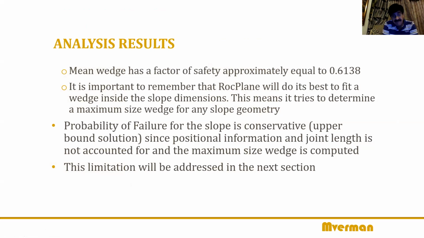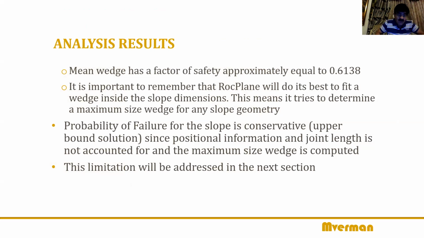So the probability of failure you get, 0.60041, is conservative, which means it is an upper bound solution. It is on the safer side because the positional information and joint length are not accounted for: the length of the joint, how persistent the joint is, and where exactly it is positioned.